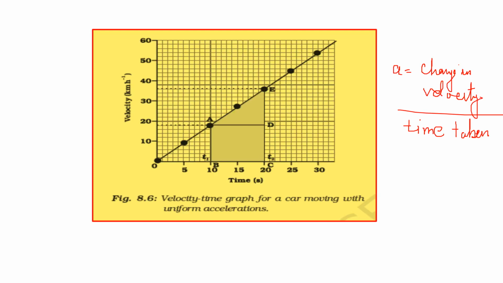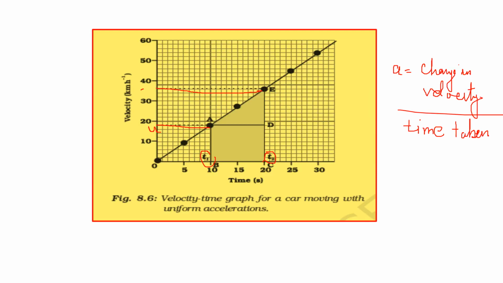Now if we consider two time intervals t1 and t2, at time t1 let the velocity be u, and at time t2 let the velocity be v.